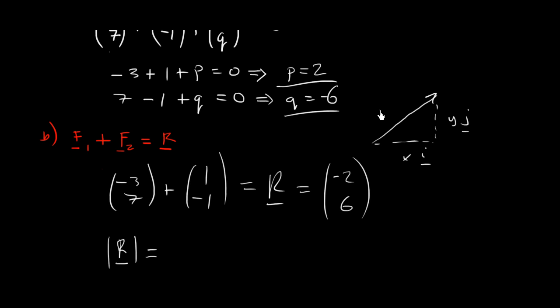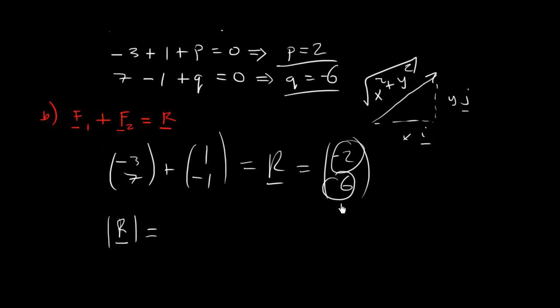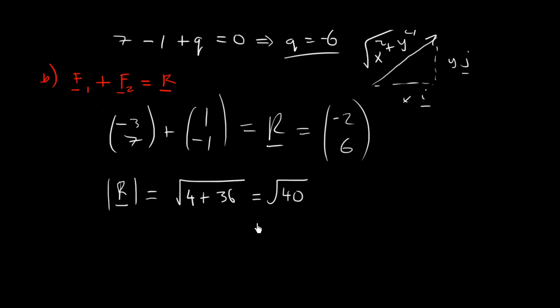The magnitude is going to be the coefficient of one squared plus the coefficient of the other squared, all square rooted, by Pythagoras. So I can square those two and square root the answer. That's the square root of minus 2 squared, which is 4, plus 6 squared, which is 36. That is the same thing as root 40.